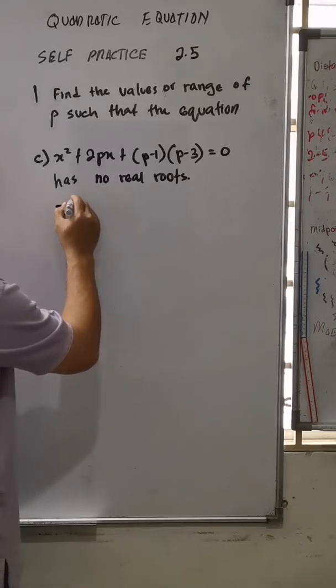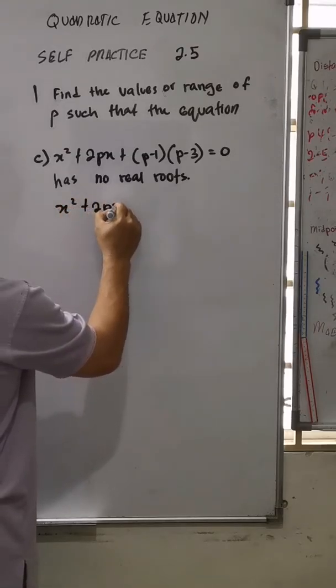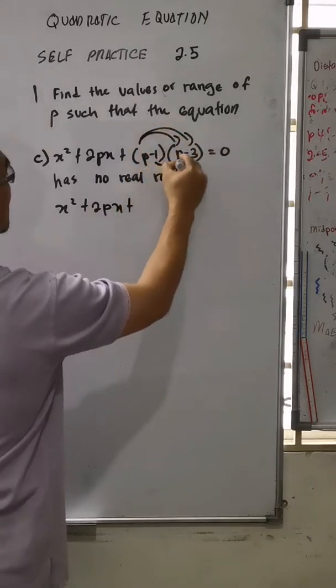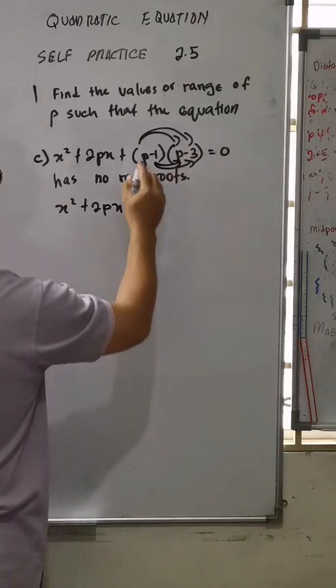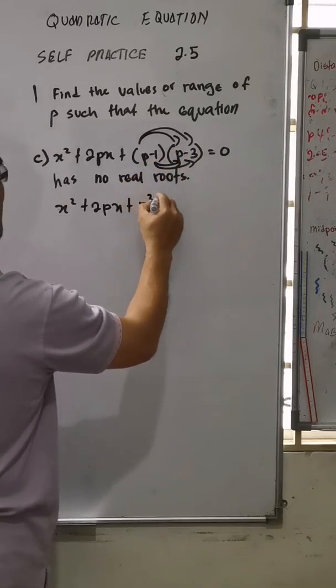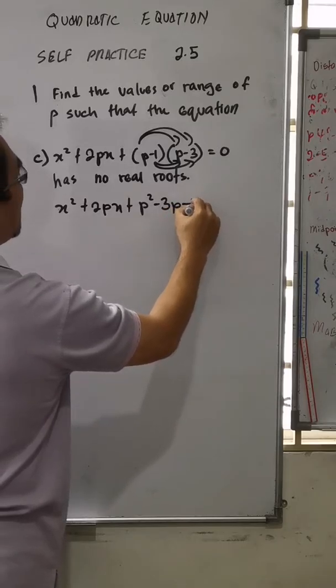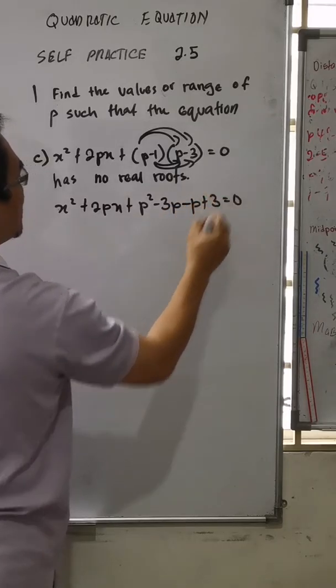So x squared plus 2px plus, multiplying p times p, p times negative 3, negative 1 times p, and 3. So p squared minus 3p minus p plus 3 equals 0.